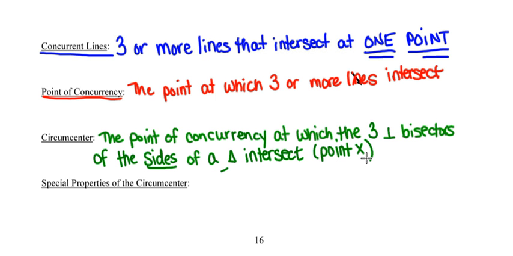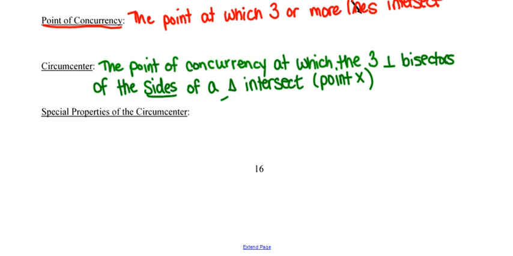Now, the circumcenter has some really nifty properties that we're going to use to add some really neat things to our construction when you come back to class. But for right now, it's probably enough to know that the special property of the circumcenter is that it is equidistant from each vertex of a triangle.